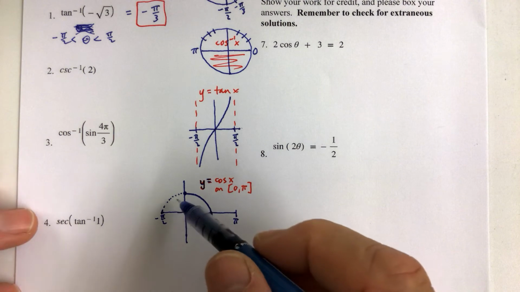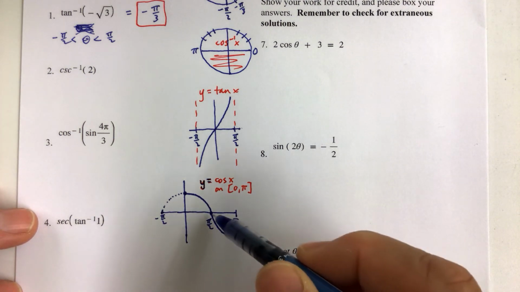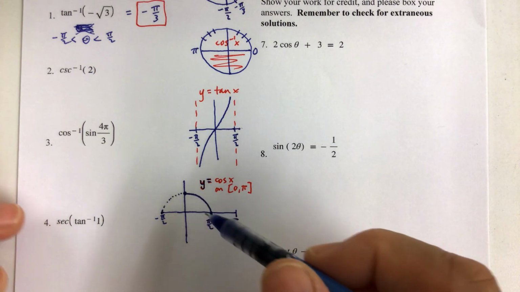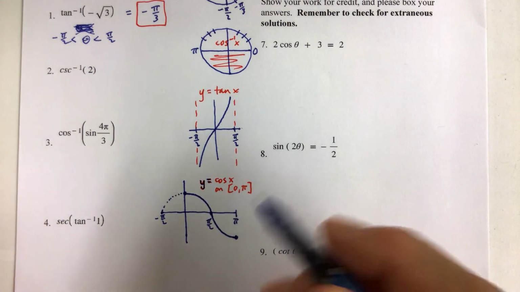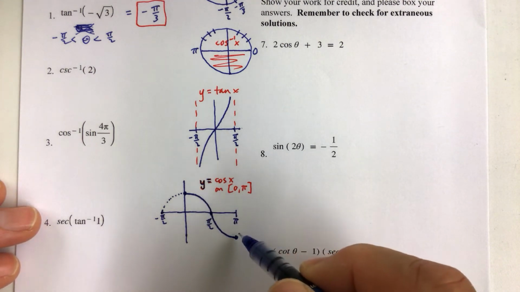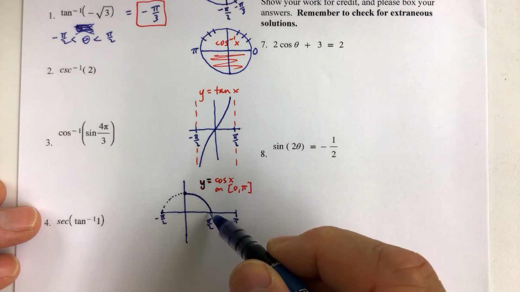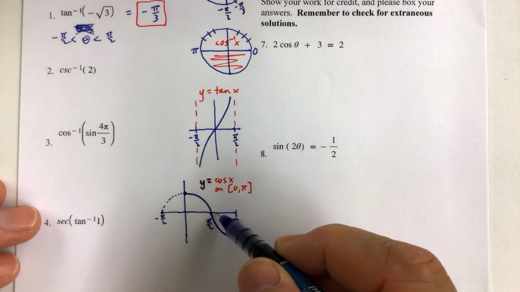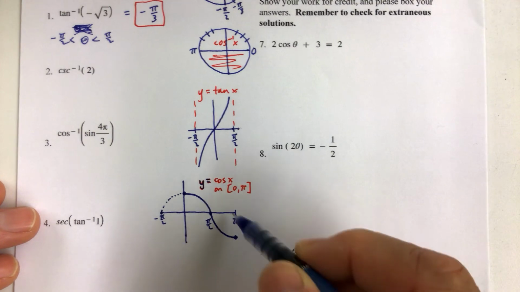Not only that, but we would also be missing out on the negative cosine values. And so the closest restricted domain would be from 0 to pi. Therefore, we get all the positive values of cosine between 0 and 1, and all the negative values for cosine from negative 1 to 0.